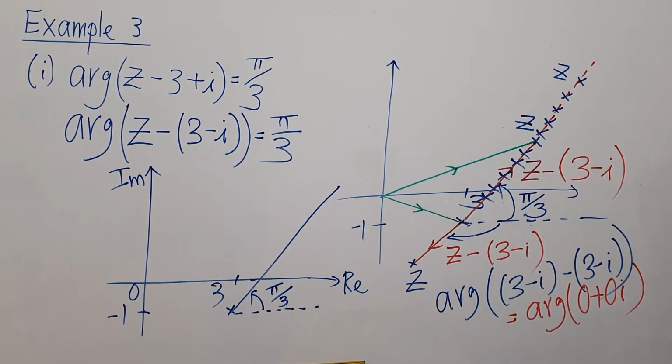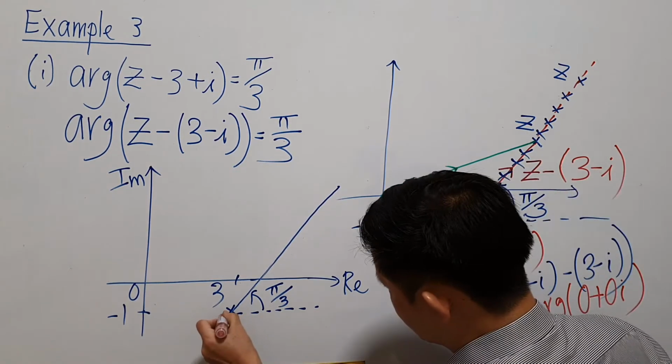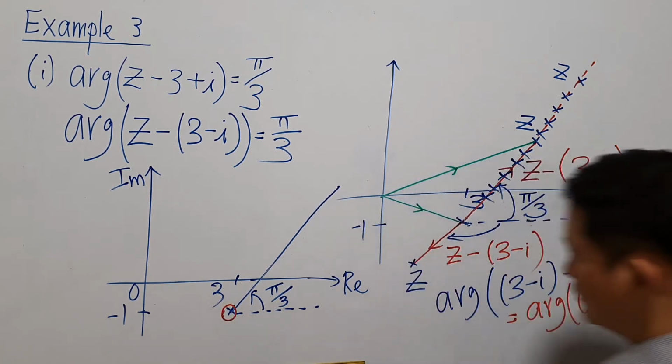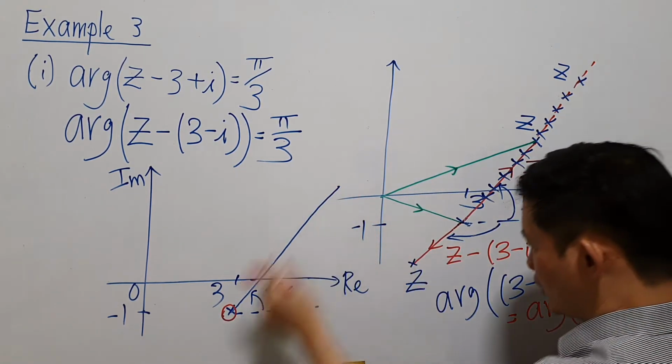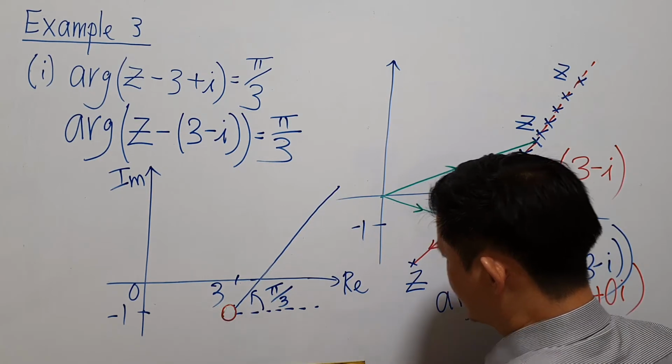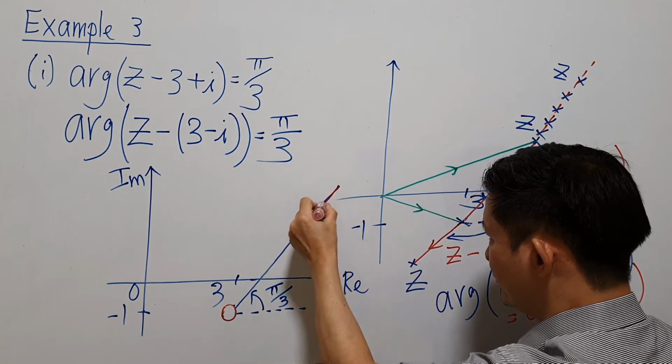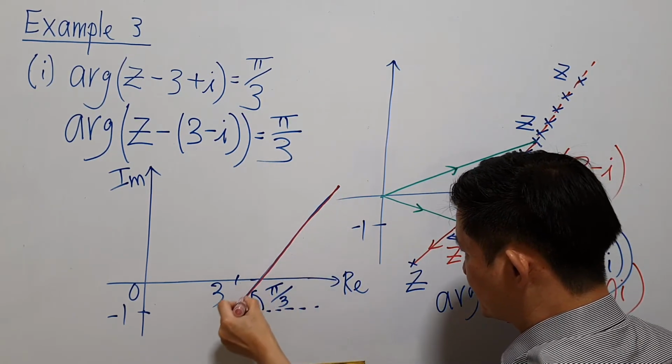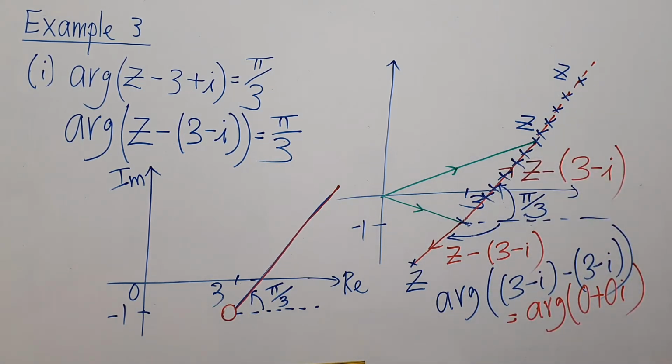And for that reason, we want to put an unshaded circle here. So your locus of points would look like this. You want to put an unshaded circle to signify that this point is excluded. It is not part of your solution.